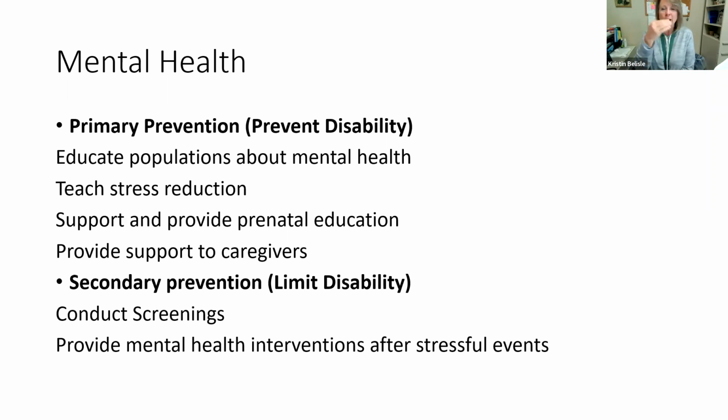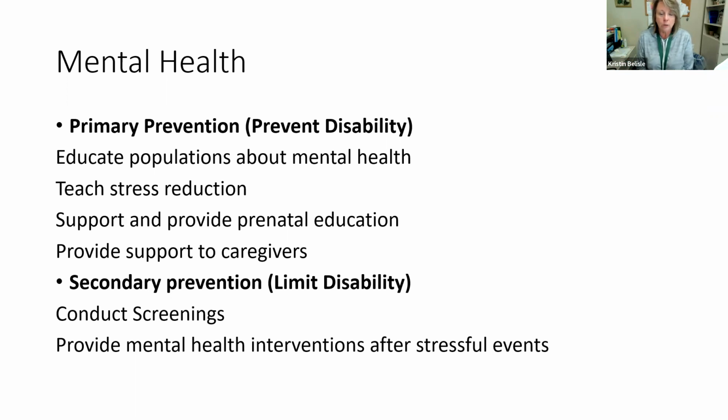We're trying to identify issues so that we can address them and hopefully fix anything that's going on, or at least help and alter or change things to the betterment of our community and society. Provide mental health interventions after stressful events.